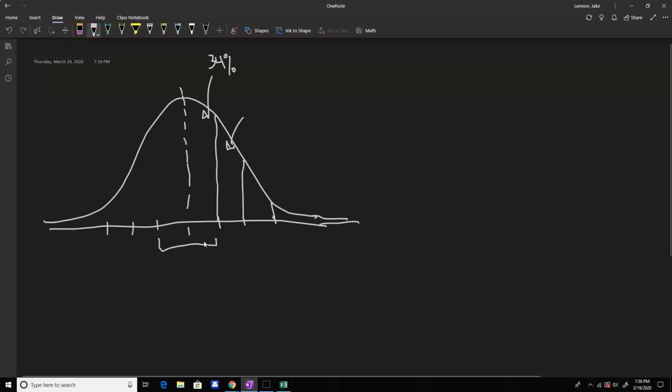It would be 95 minus 68 divided by 2, which is 13.5%. And then you would do the same trick for this one. If we're trying to figure out this area, we'd have our one normal distribution from 1, 2, 3, 1, 2, 3 from here to here. This has area 99.7%.